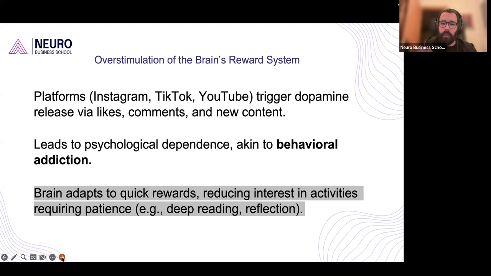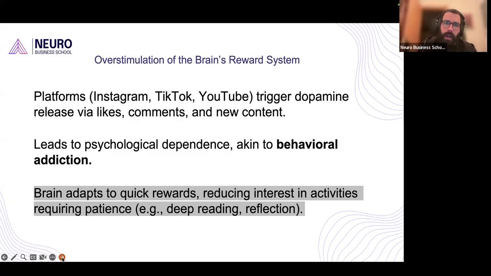Okay, so this makes us incapable of keeping our attention, because this reduces the interest in other activities that probably require passion, because we need the final reward, the ultimate reward, as soon as possible.